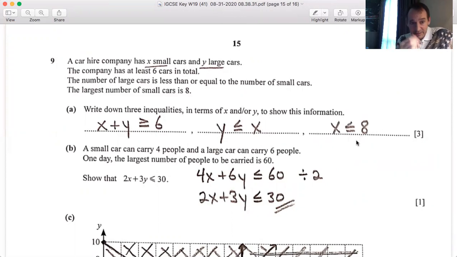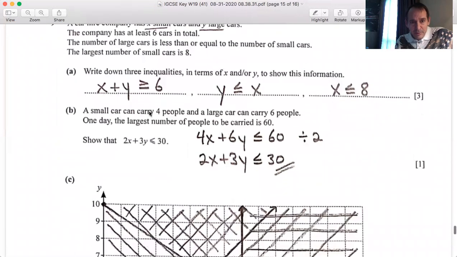A small car can carry 4 people and a large car can carry 6 people. One day, the largest number of people to be carried is 60. So this is called a maximization problem. You have the number of people a small car can carry, and a large car can carry 6 people.